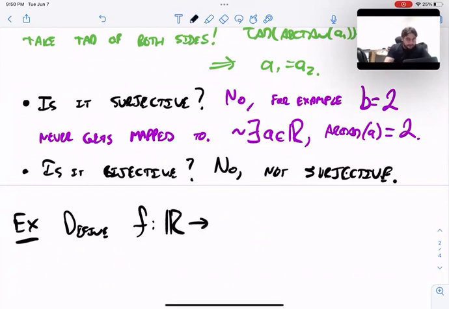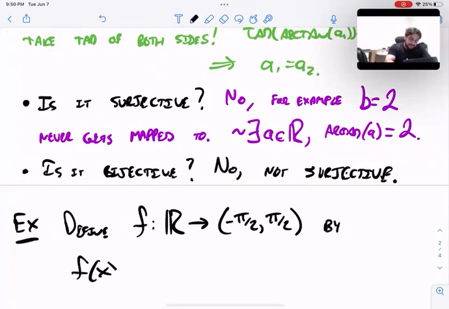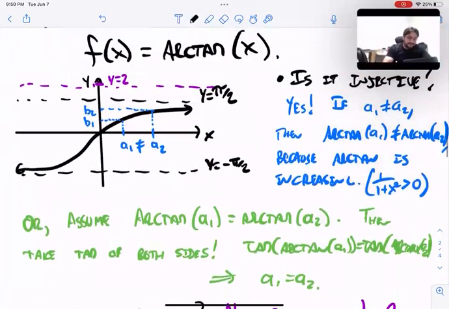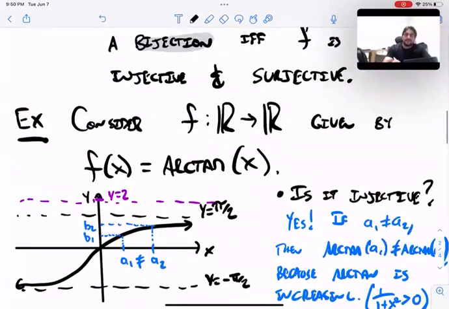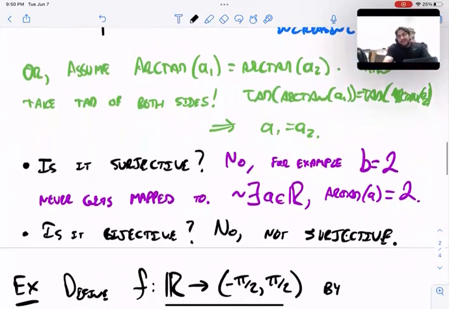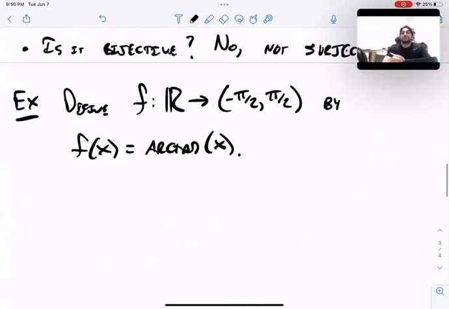Keep the domain as all real numbers, but for the codomain, choose the open interval minus pi over 2 to pi over 2. And again, define the mapping from inputs to outputs via arctan of x. Well, what did I do? I just reduced the codomain from the whole real numbers to the open interval minus pi over 2 to pi over 2. I modified the function ever so slightly to contrive it to be surjective.